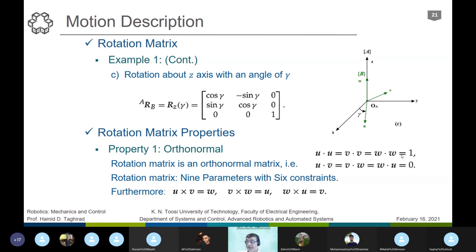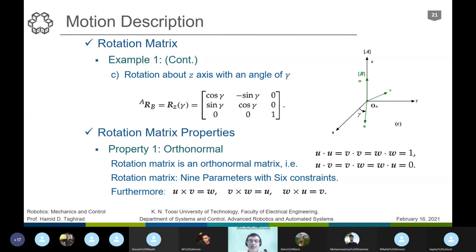So u dot v, v dot w, and w dot u are 0. As you see, we have 6 constraints here. Although the rotation matrix has 9 components, we have 6 interrelations among them. So it means that the rotation matrix has only 3 independent variables.